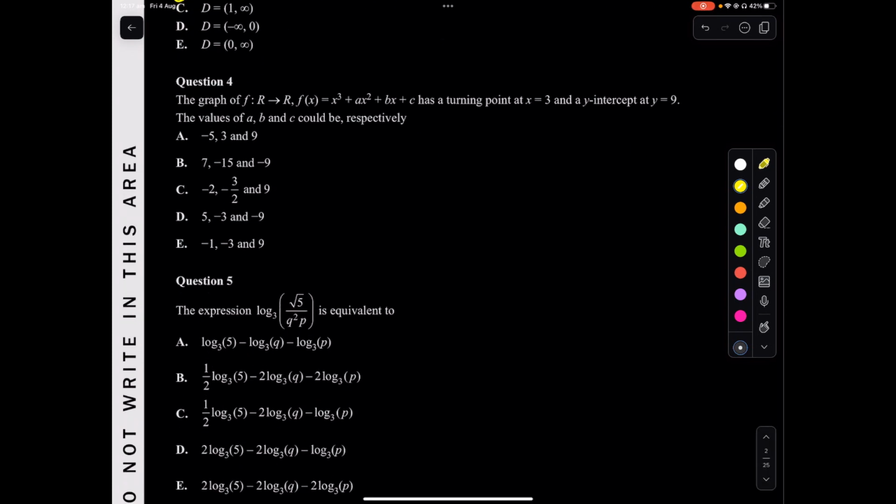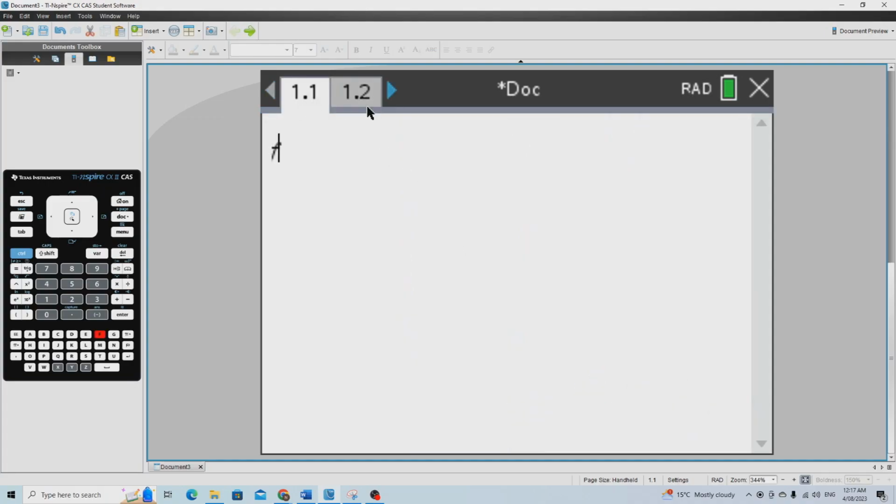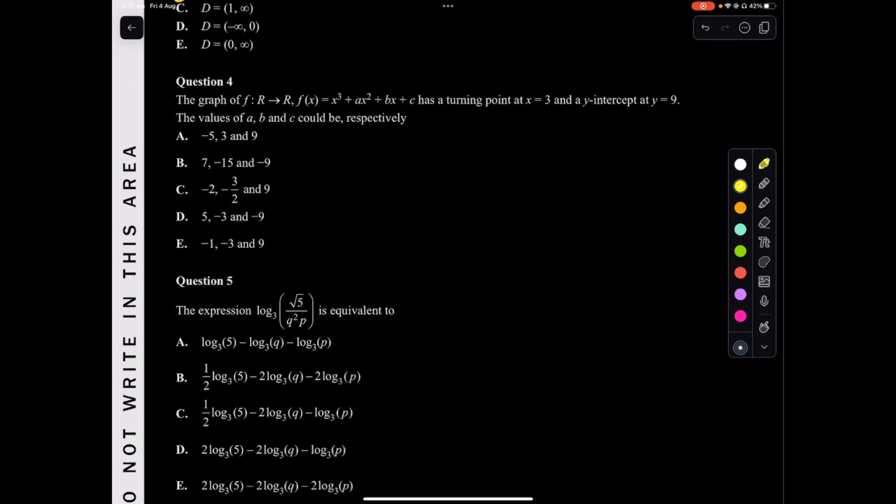The graph of f of x is this, and has a turning point at x equals 3, and the y-intercept at y equals 9. The values of a, b, c could be what? Okay, so I'm going to do this by defining f of x, actually. I know straight away that c must equal 9, because if you let x equal 0, it just becomes c equals 9.